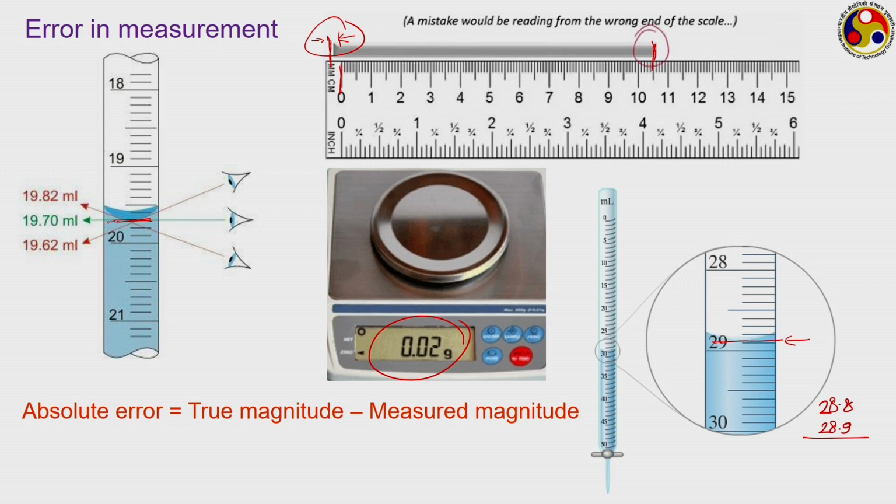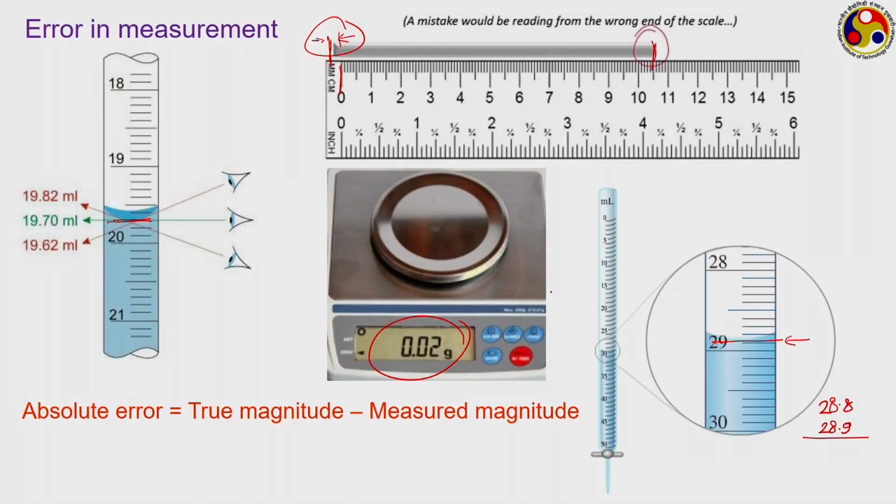Our objective is always to keep this absolute error ideally at 0, or at least to a minimum, so that we can get the measurement closest to the true magnitude. But that depends on several factors, like instrument related issues, as in this case or this case, or examples like this where it is actually an error made by the person performing the measurement.